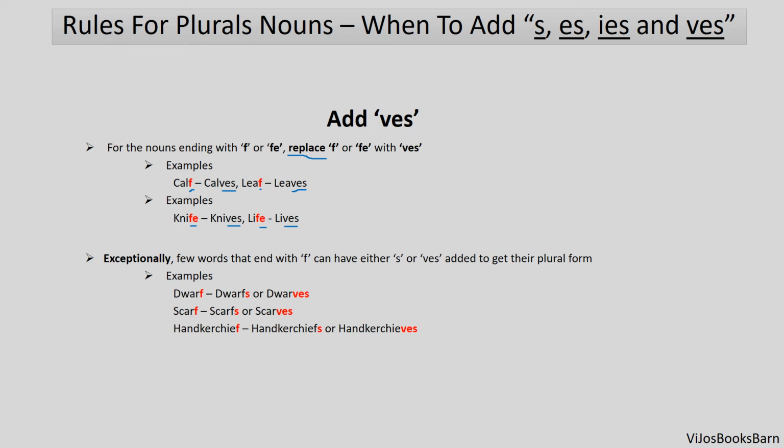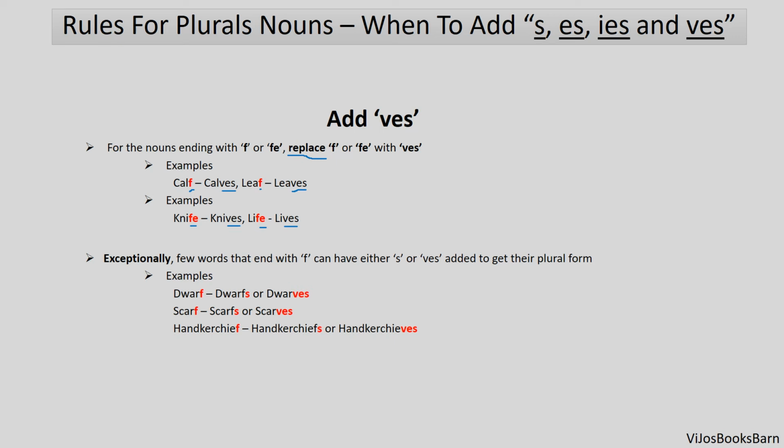Dwarf can have either S added to it or can have the F replaced with VES. Scarf can either have an S added to it or can have the F replaced with VES to get its plural form, scarves.